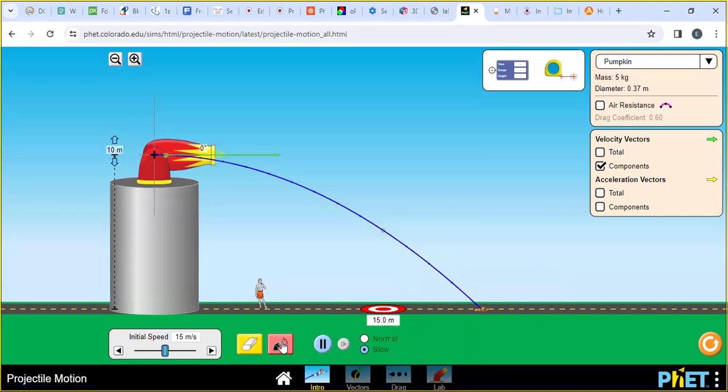The horizontal arrow remains constant, the same length all through, but the vertical arrow is increasing as the object gets closer and closer to the ground. That is to tell us that the horizontal component of the velocity does not change because there is no extra force acting along the horizontal axis as this object is traveling to the ground.